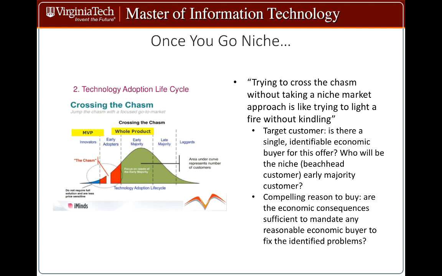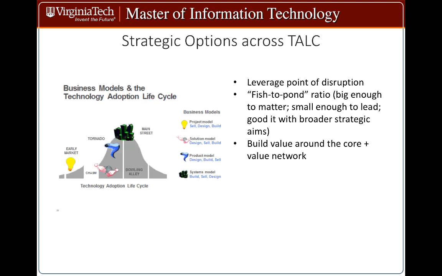If we do that successfully, they're drawing the product across the chasm into the mainstream. The reading this week talks about some of these compelling reasons to buy and what that might look like within a particular target market niche. The critical issue is that we've got to overwhelm that customer with value, and within that, there are different strategic options we're going to face.